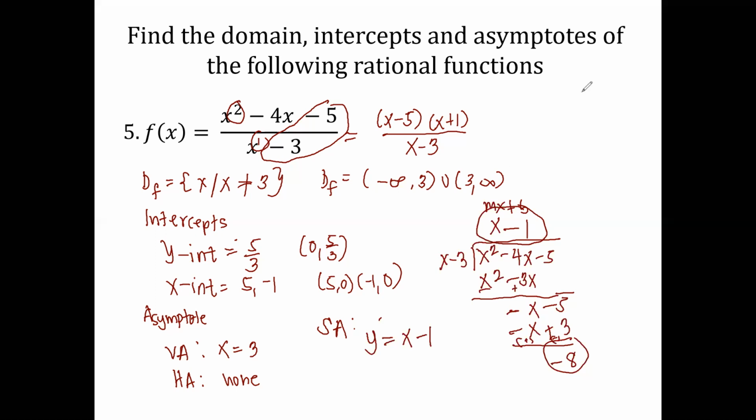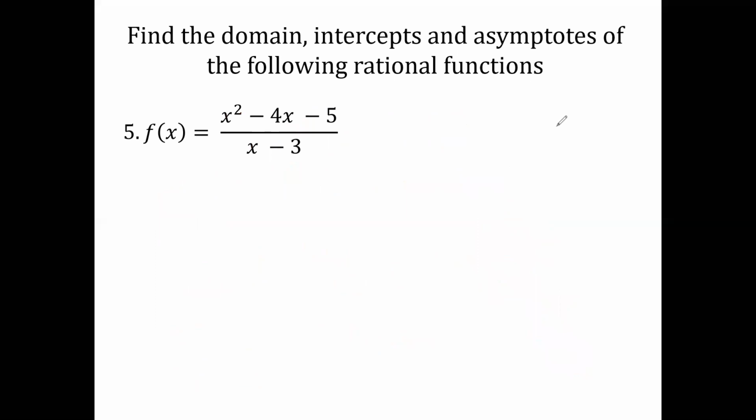So that's it on how to find the domain in set builder and interval notation, and the intercepts. For your y-intercept, you let x be 0. For your x-intercept, we equate the numerator to 0.